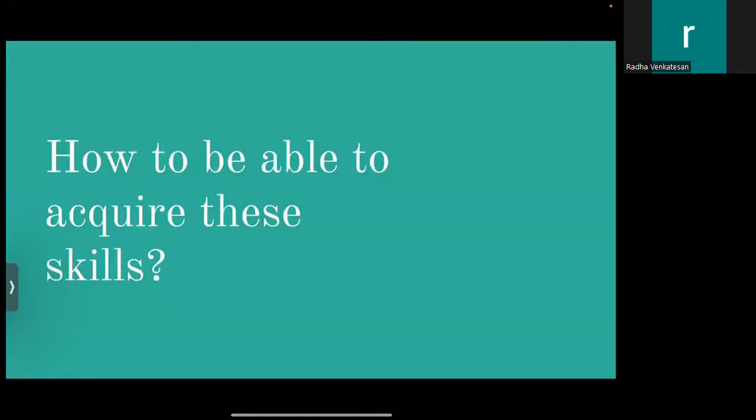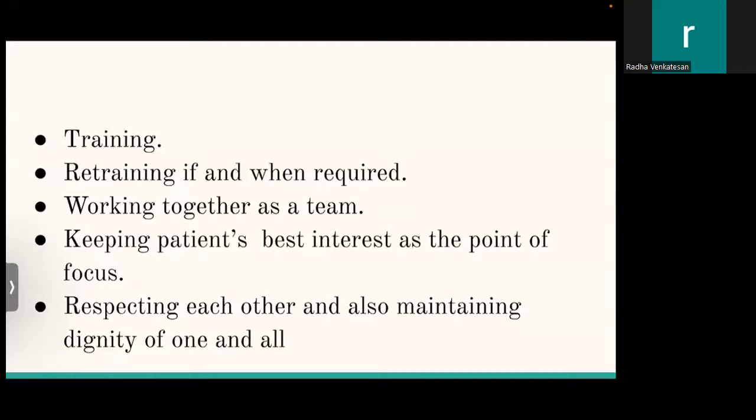Okay, now we have seen so many things. We have seen the skills and the importance of these in palliative care. How are we going to be able to acquire these skills? Nothing is difficult on this earth; practice makes perfect.